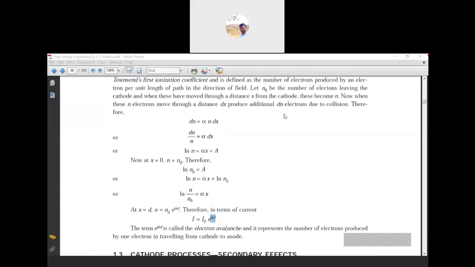It represents the number of electrons produced by one electron traveling from cathode to anode. So this is about the Townsend primary ionization process.